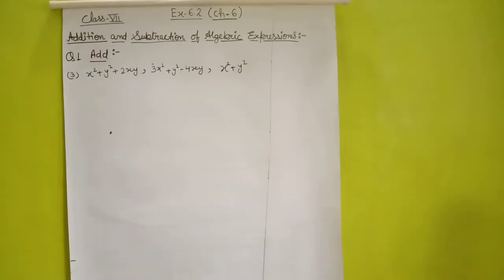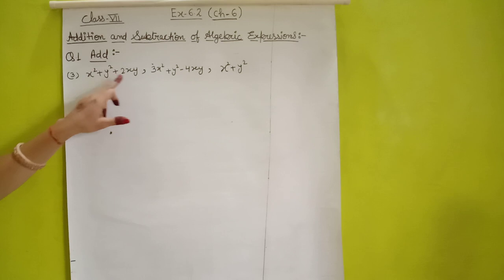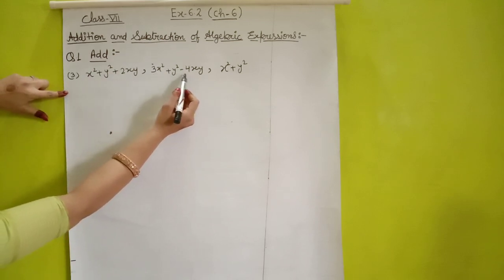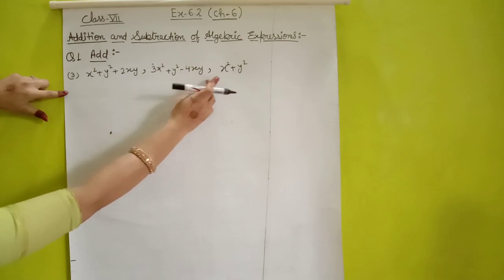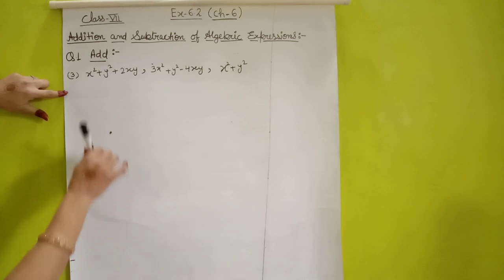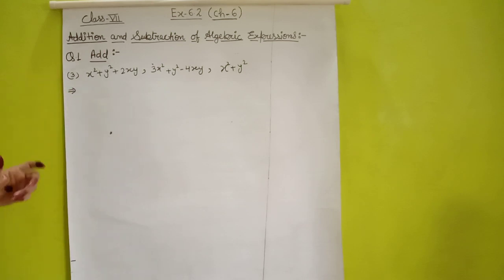Students, now part third, x square plus y square plus 2xy. This is one expression, and it is having three terms. Now, comma, 3x square plus y square minus 4xy. Again three terms. Then comma, x square plus y square, two terms. So you can see this third question is different from the last two.